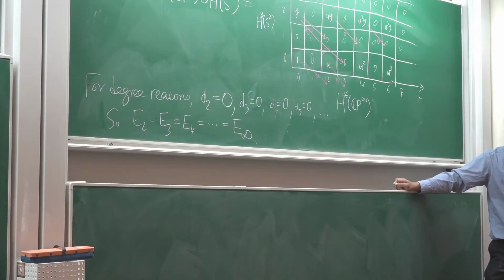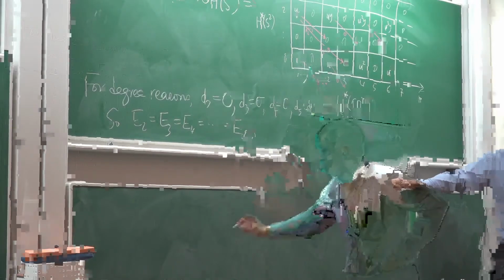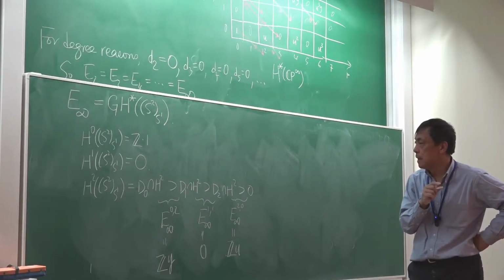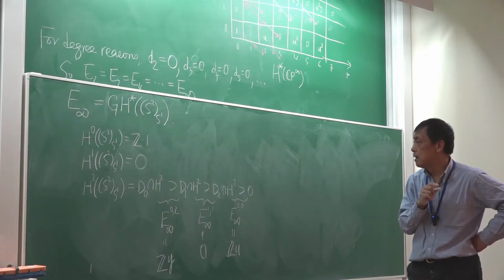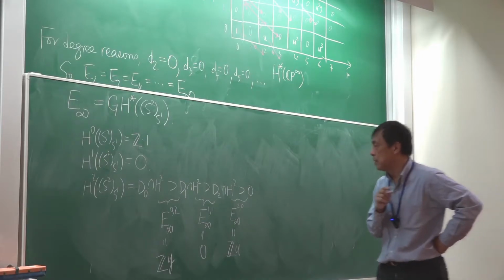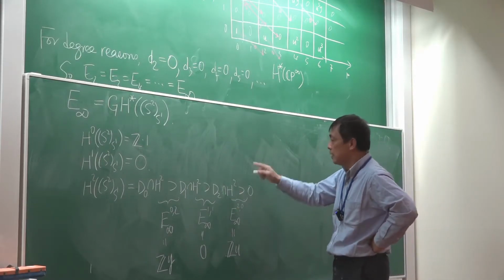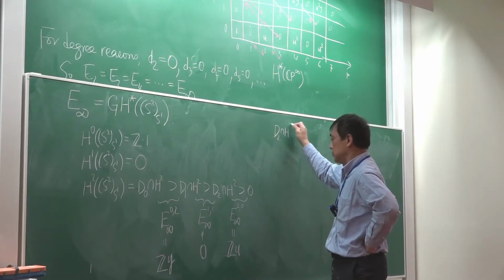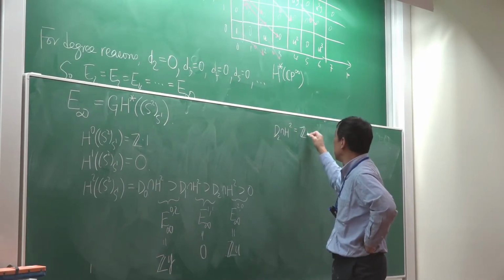And E infinity gives you the association. So that says D2 intersect H2 is ZU.